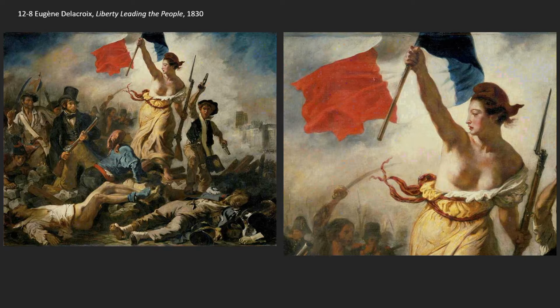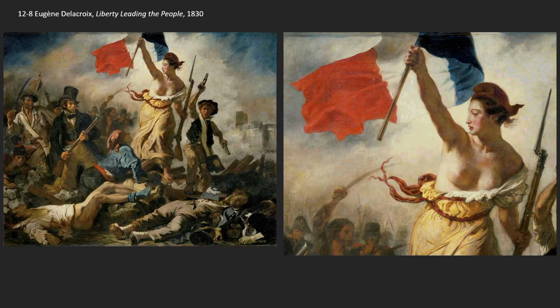Third, she's wearing a hat that comes from Delacroix's study of ancient Greek art. That is a hat that was worn by freed slaves in ancient Greece. All of this comes together to make her a personification. She is France itself, right? The idea of liberty, leading the people.